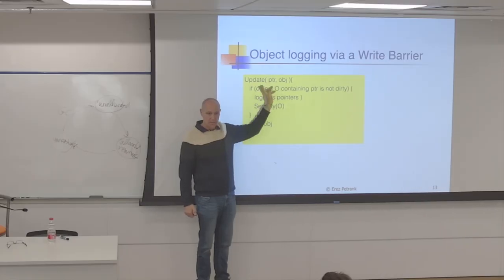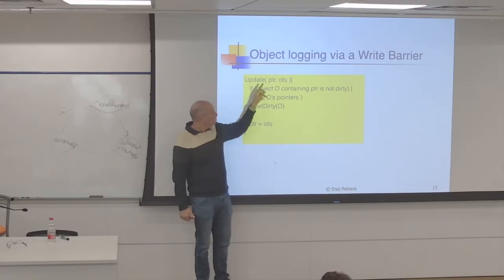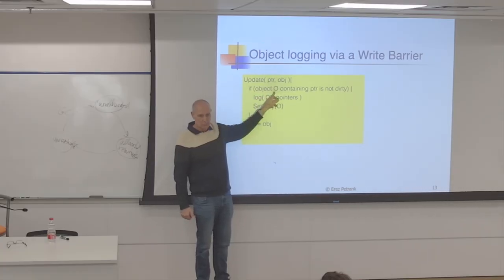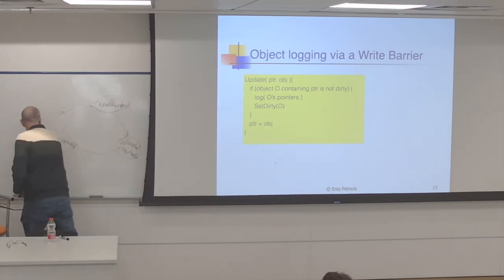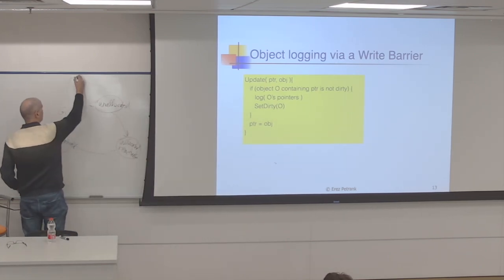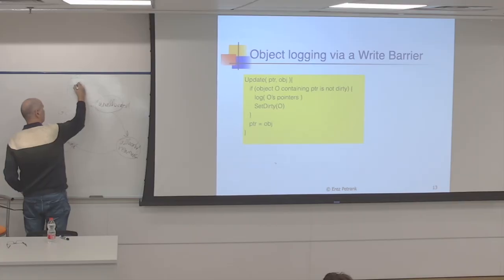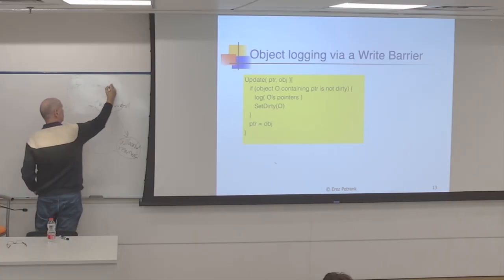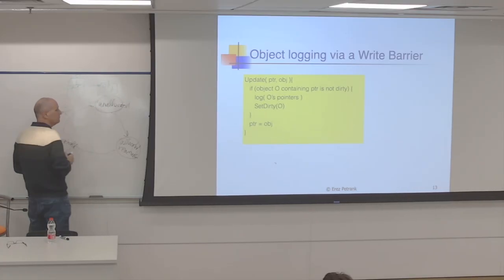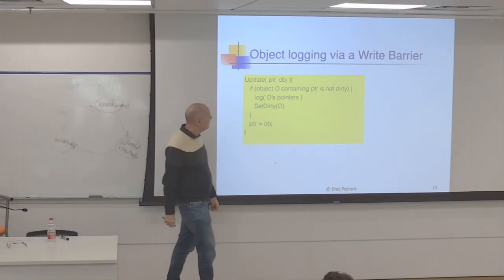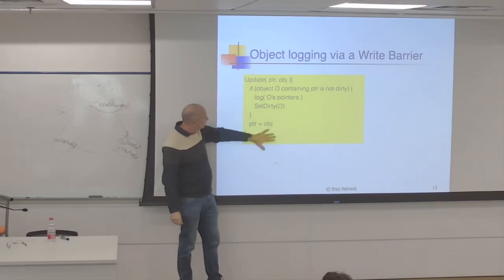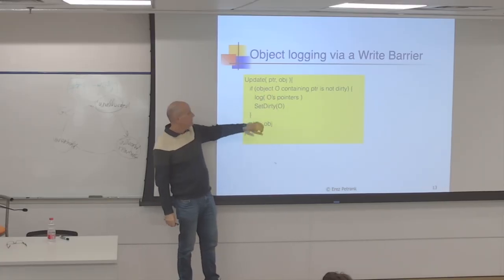This pointer should point to this object, and this pointer is inside O. So you have this O, and inside you have some pointer, and you want it to point to obj. This is a write. I just write a pointer, and this is a write barrier. This is what I will do.